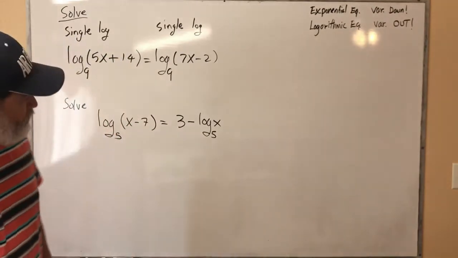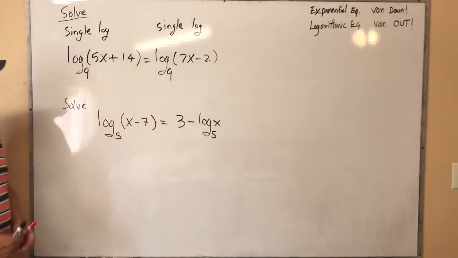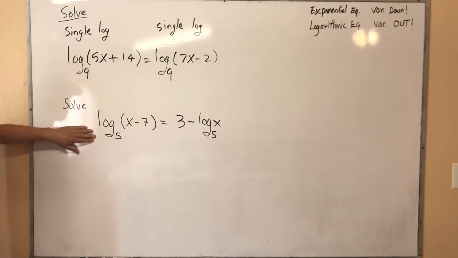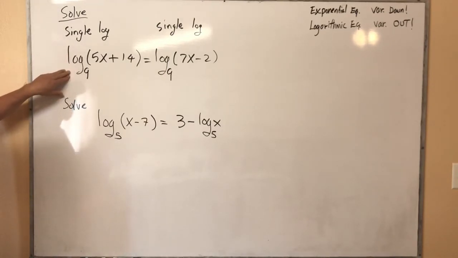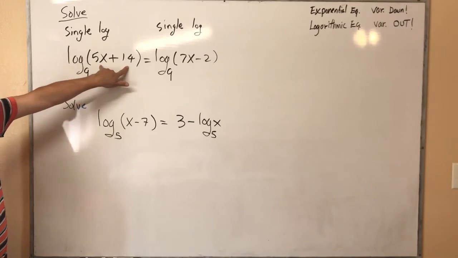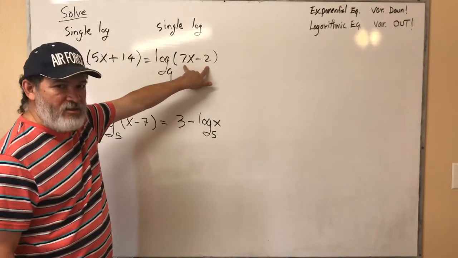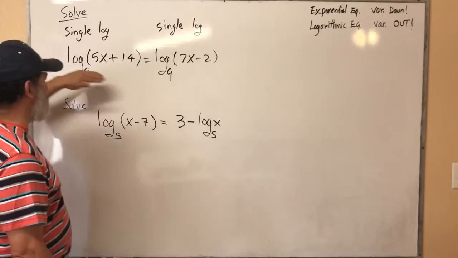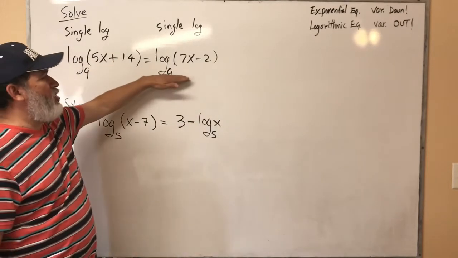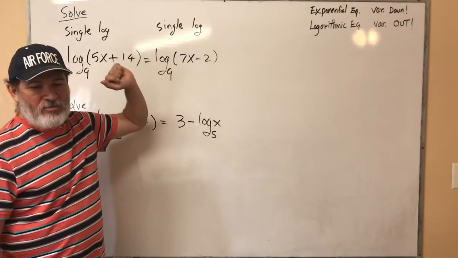Look at this problem and look at this one. This one on the left hand side, a single log with its argument. The right hand side, single log with its argument. Because we have a single log and a single log, the arguments are equal. And that's what we solve.